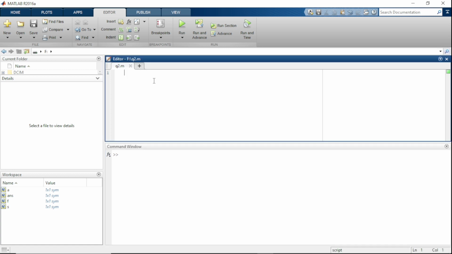Okay, so let's start with the same. Here I am taking only one variable, that is s. Then we have to write the function.